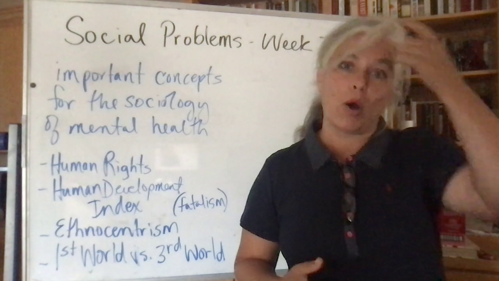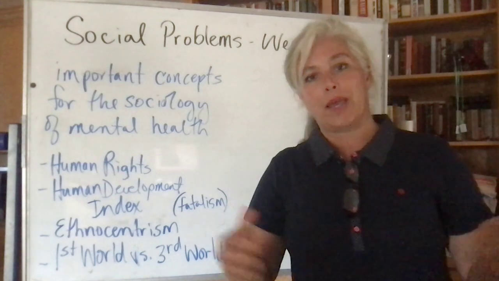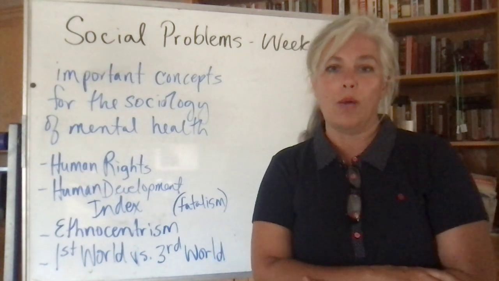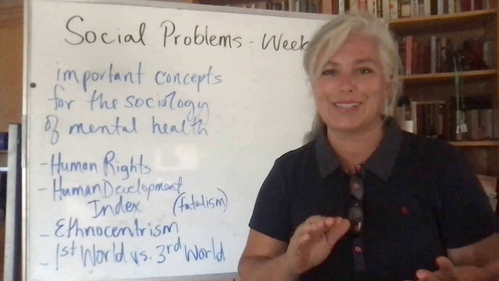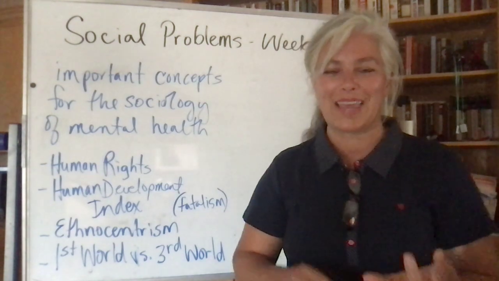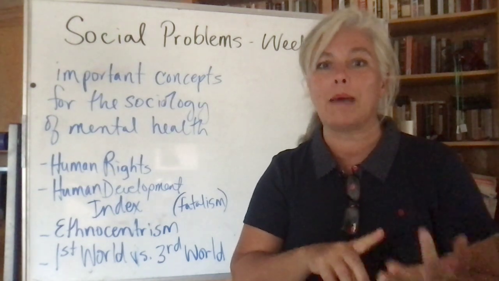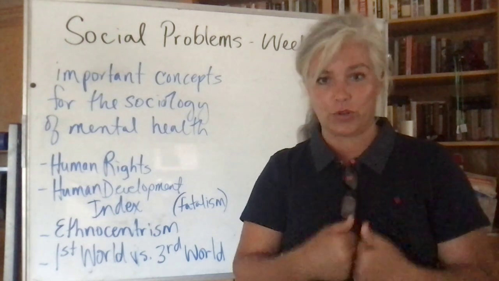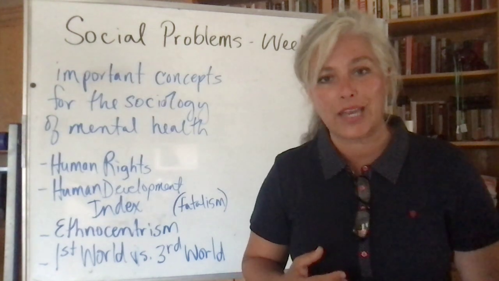We don't have things like polio that are endemic or pandemic in our world anymore. Measles, mumps, and rubella, that MMR shot that you have to have in order to come to the college or even go to kindergarten.